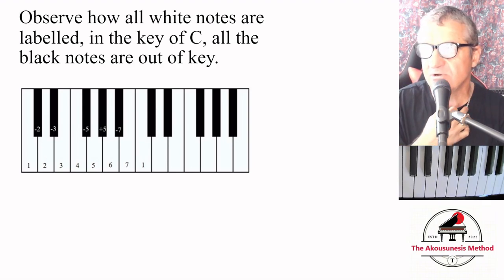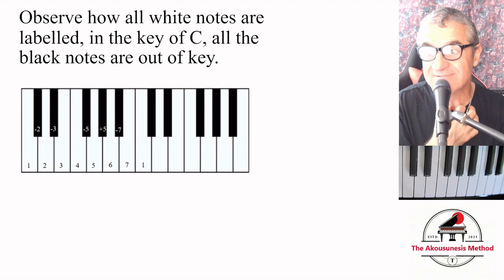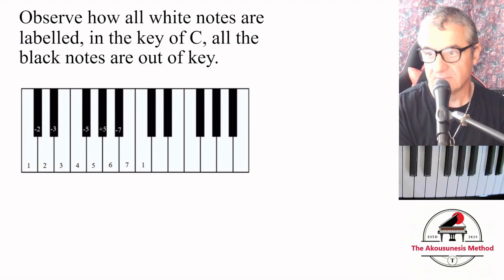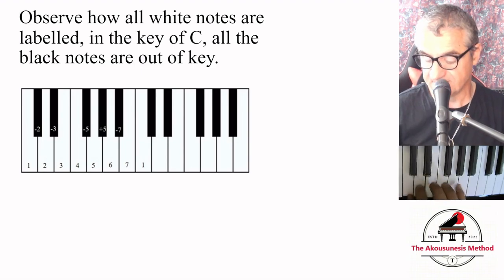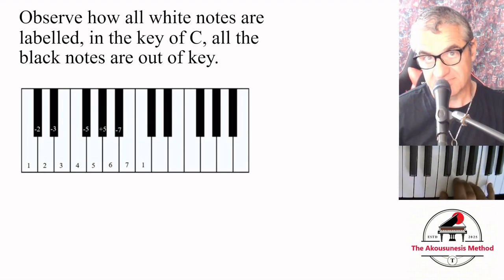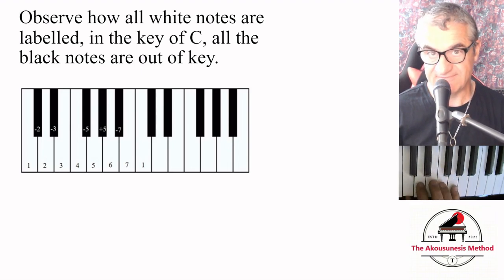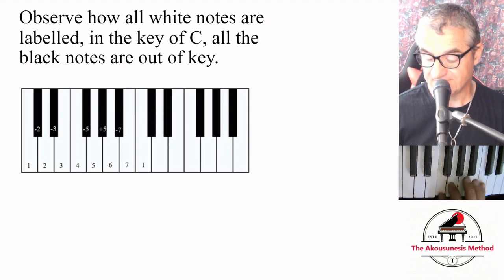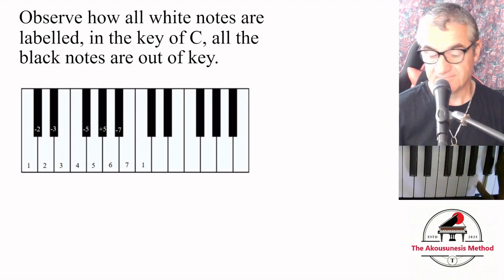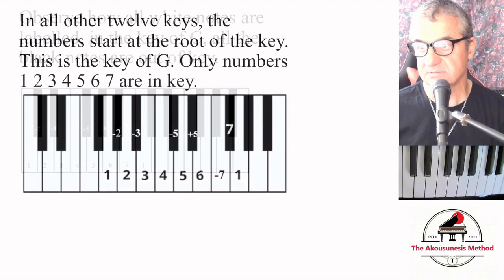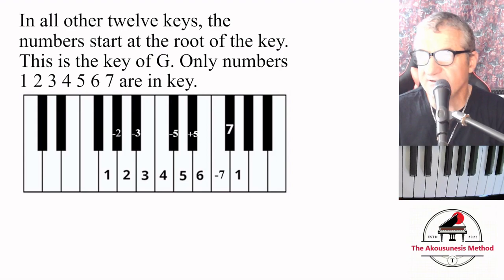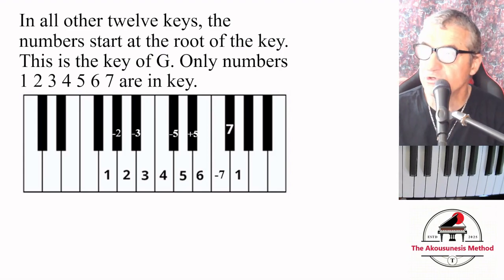So observe how all the white notes are labelled in the key of C, okay? And the black notes are out of key. If I play, it's a different scale now. In all other 12 keys, the numbers start at the root of the key.